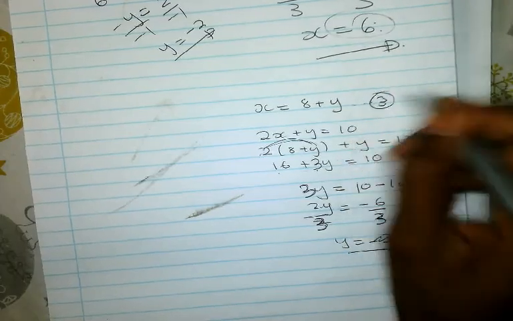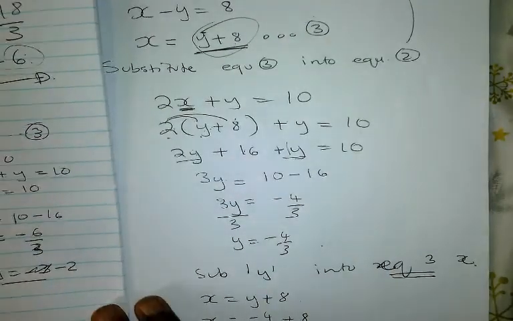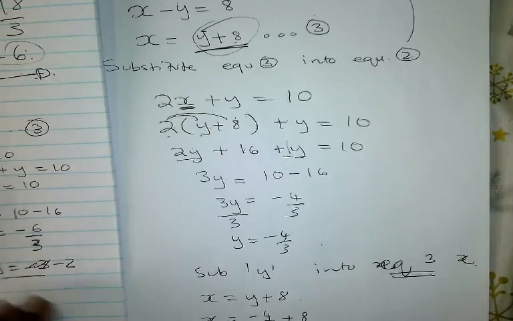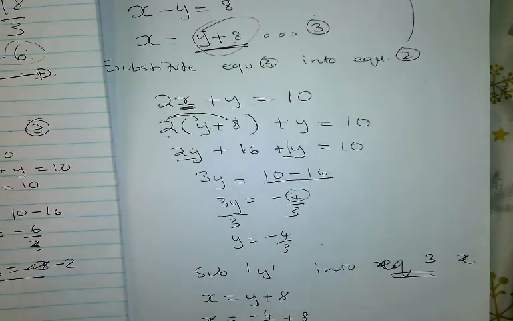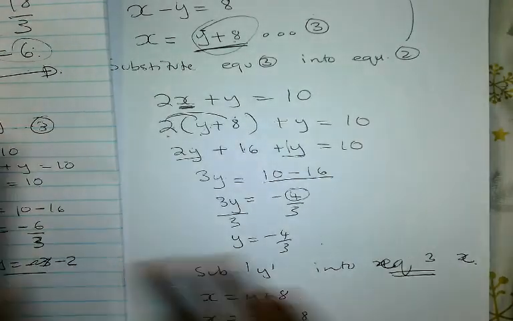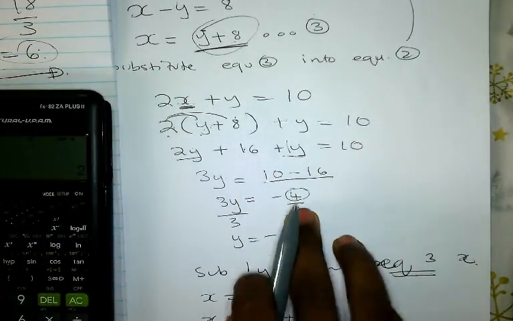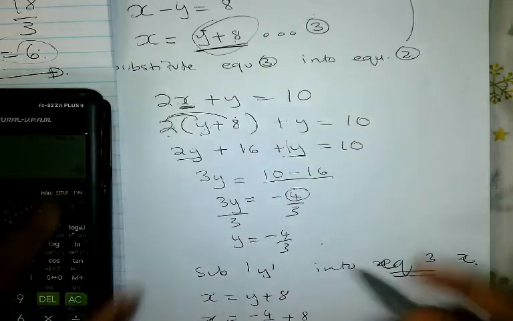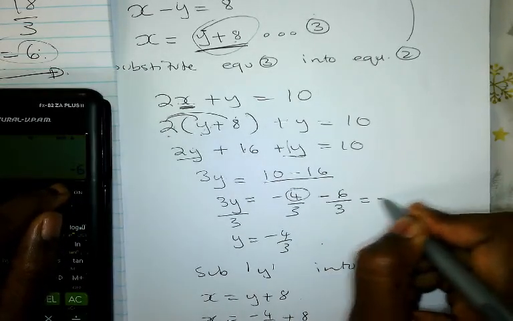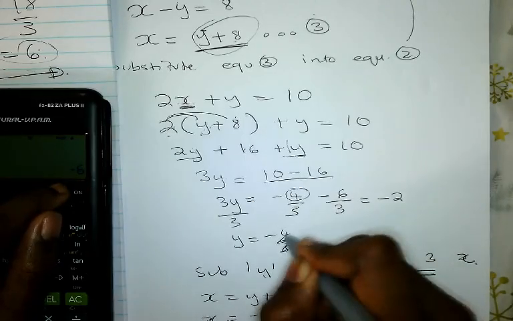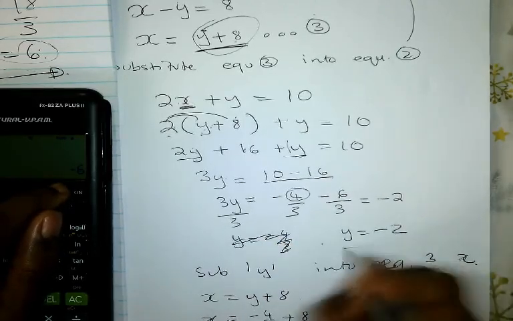Oh, guys. 10 minus 16 is not 4. 10 minus 16 is negative 6. Negative 6 divided by 3 is negative 2. Can you see here? Oh, man. Yeah, that was my mistake here. Sorry, guys. Sorry, I hope you see.